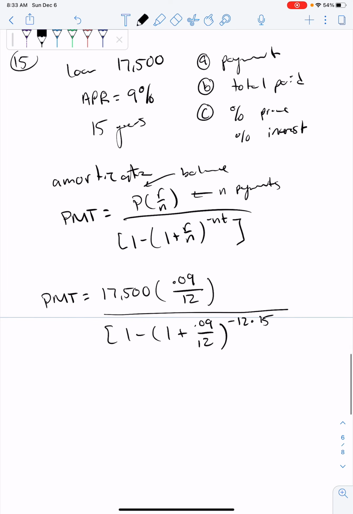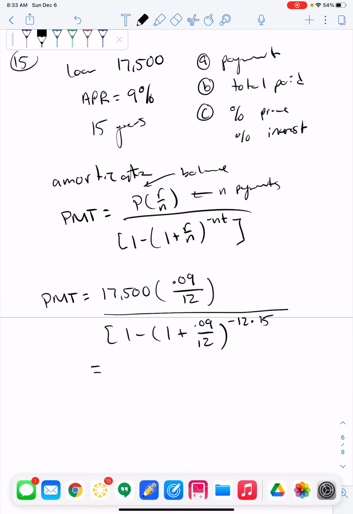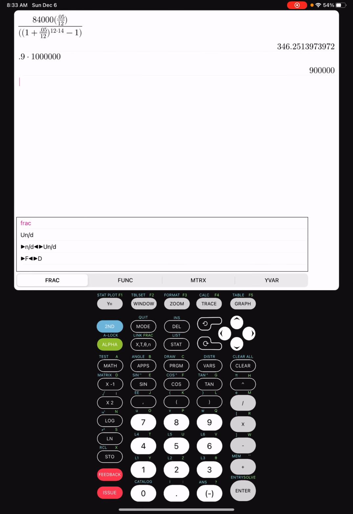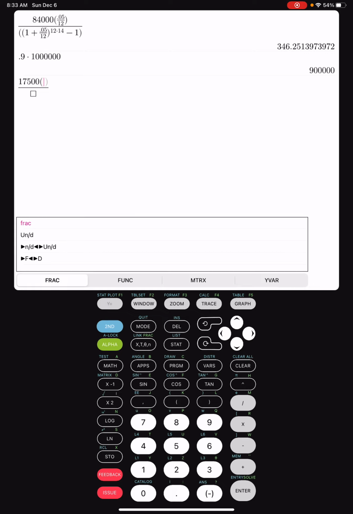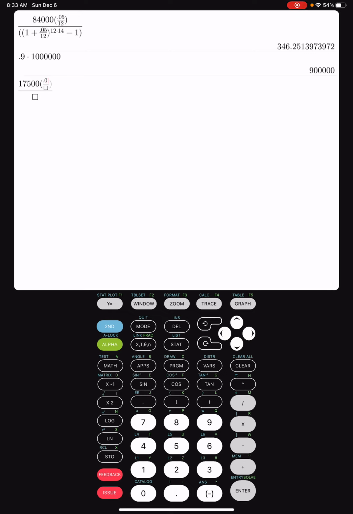I'm going to plug it in the calculator. I'll go ahead and show you this one. Again, I'm going to do a big fraction bar. And on top, I'm putting my borrowed amount, $17,500. And then interest rate is, let's do another fraction bar so we can make it look the same, 0.09 divided by N, which is 12.